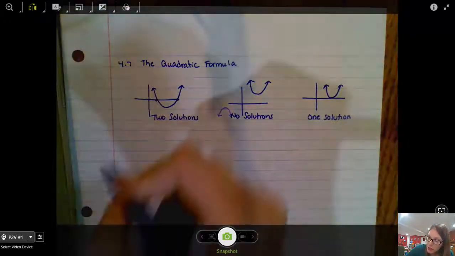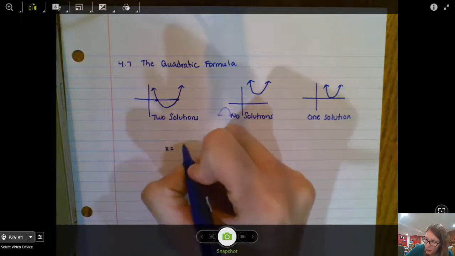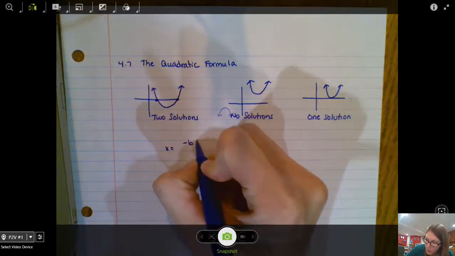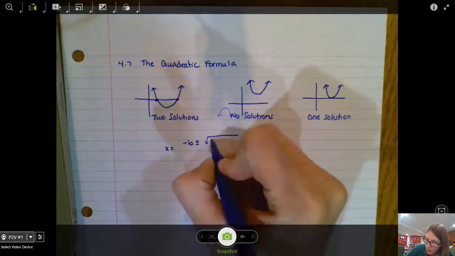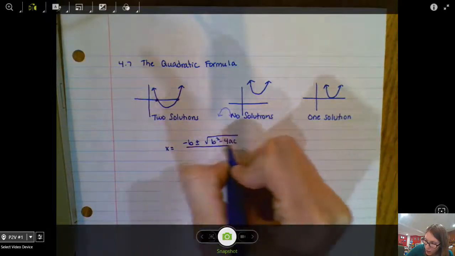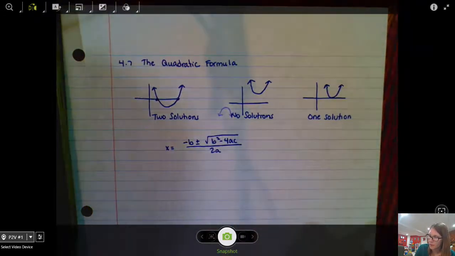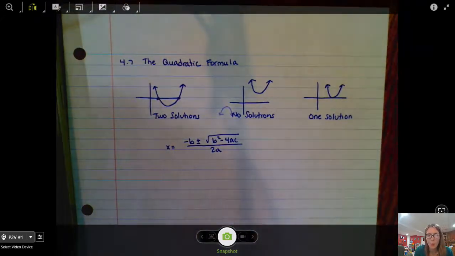All right, now let's look at our quadratic formula. So x equals negative b plus or minus the square root of b squared minus 4ac all over 2a. Now let's think for a second, which part of this quadratic formula could we look at to figure out how many solutions we're going to end up with?